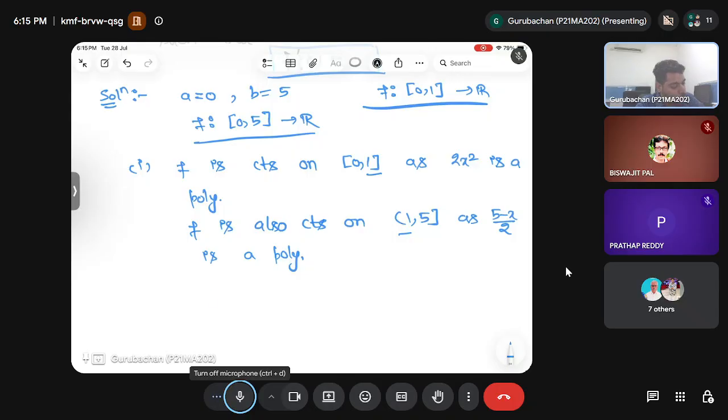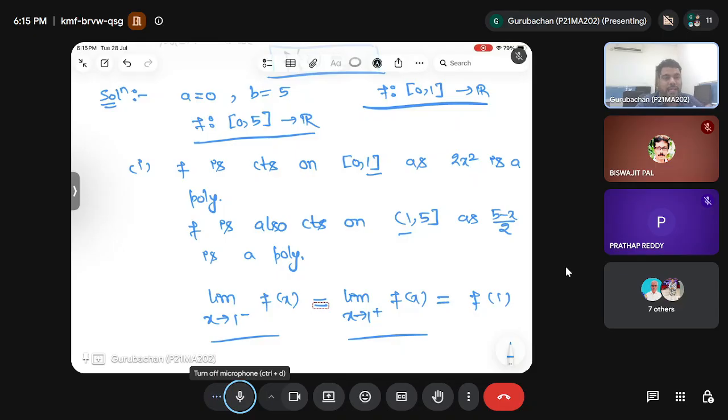So what we do, we calculate the left hand limit and we calculate the right hand limit and the functional value. If both limits exist and they are equal to the functional value, then we can say our function is continuous at 1.